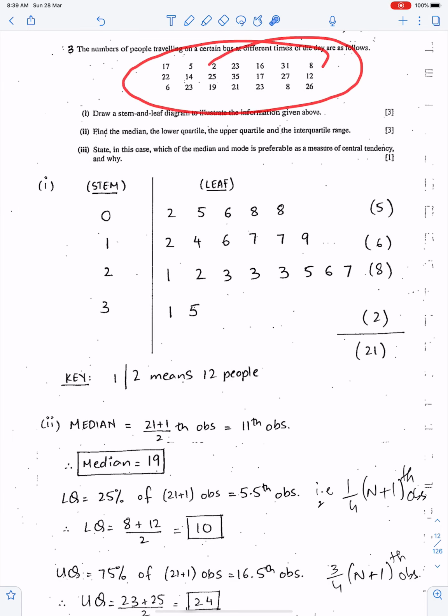Now, again, we have to draw this stem plot. First, observe the smallest observation, which is 2, and the largest observation is 35. So you can read this 2 as 0, 2. So write 0, 1, 2, 3.